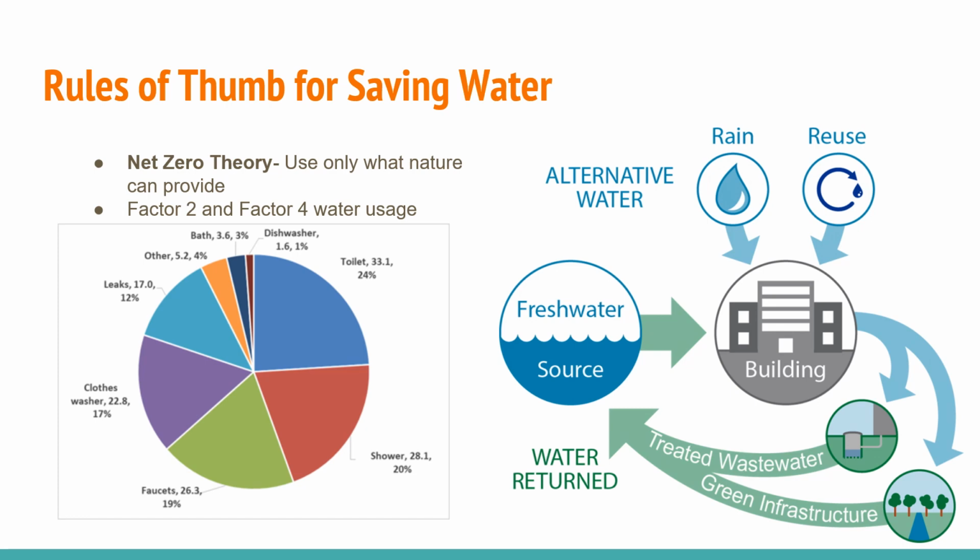And we do that through not only reducing the amount of water we use, but by increasing its efficiency. There's two common terms that are used when it comes to water reduction. There's a factor 2 and a factor 4, which is essentially you're dividing it by a factor of 2 or a factor of 4 respectively. So you're either using half as much or a quarter as much water.